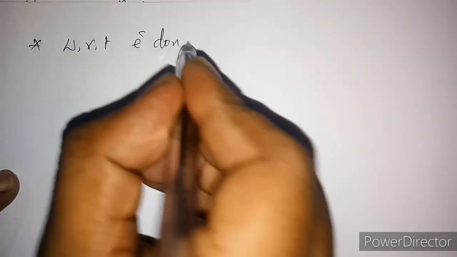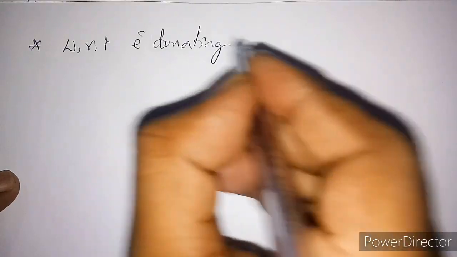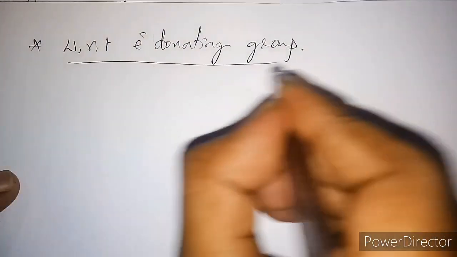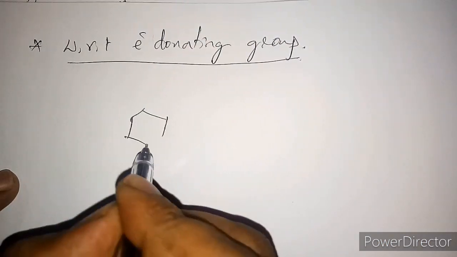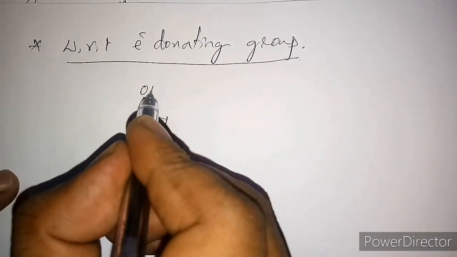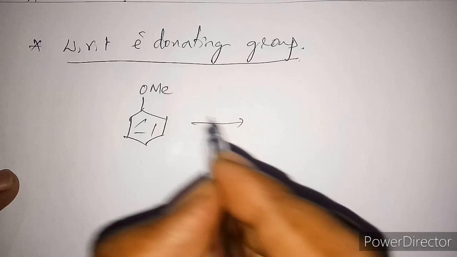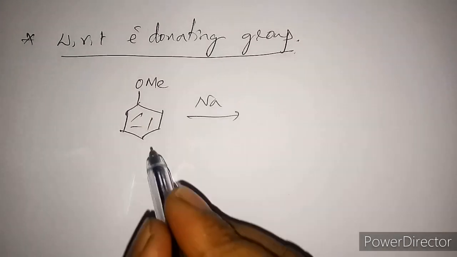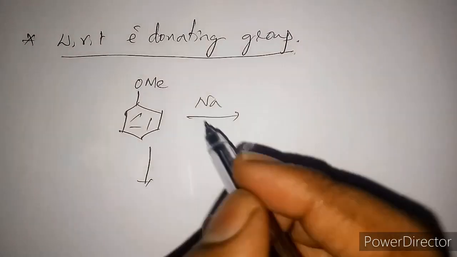Now with respect to electron donating group, so that is OMe, sodium. So here also we can do in two ways.